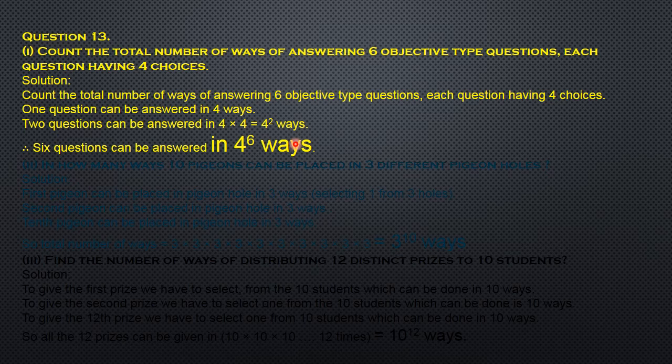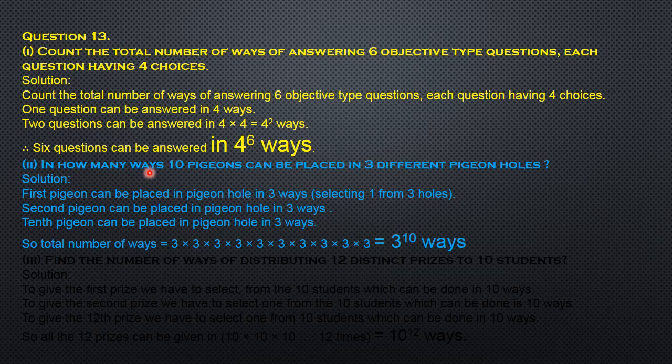Second one, in how many ways can 10 pigeons be placed in 3 different pigeon holes? Solution: here there are 10 pigeons and 3 different pigeon holes. So the first pigeon can be placed in a pigeon hole in 3 ways, because we can select 1 or 2 or 3.